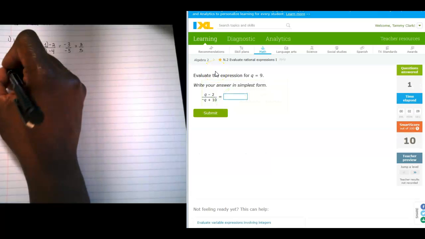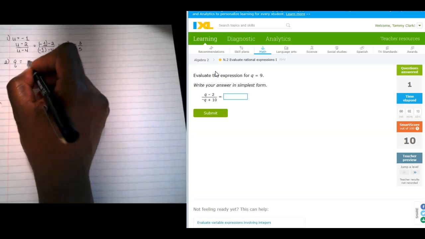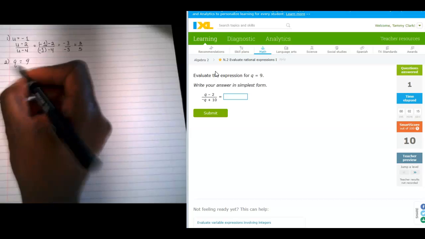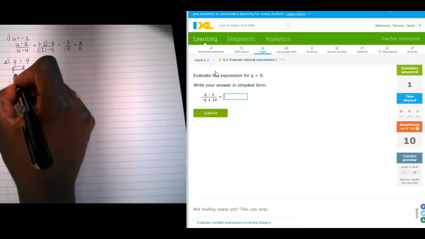Number 2, we're going to evaluate for q is equal to 9. So we've got q minus 2 divided by -q plus 10.